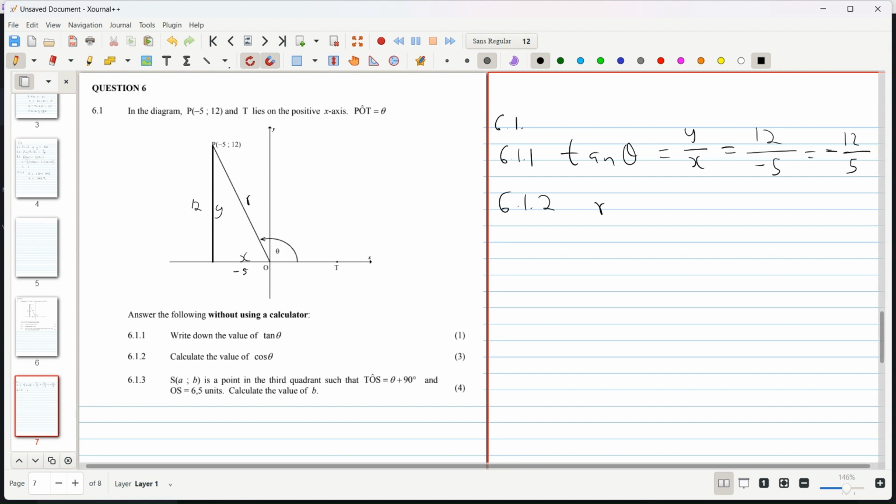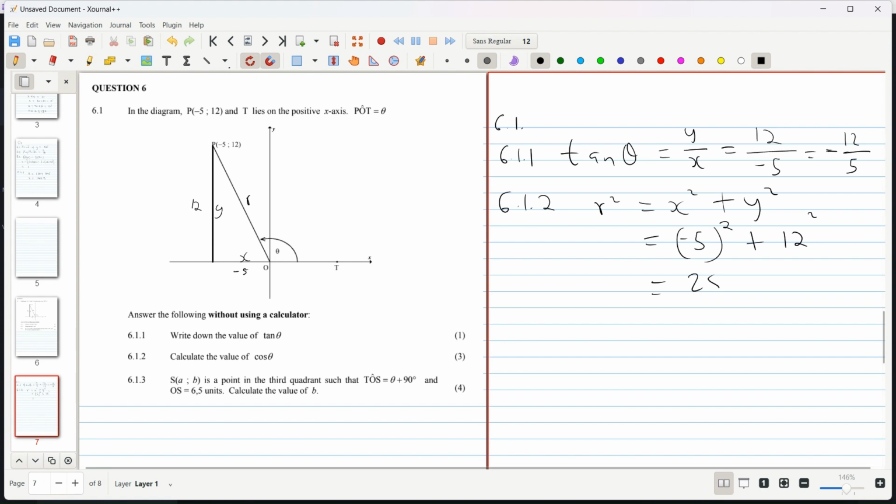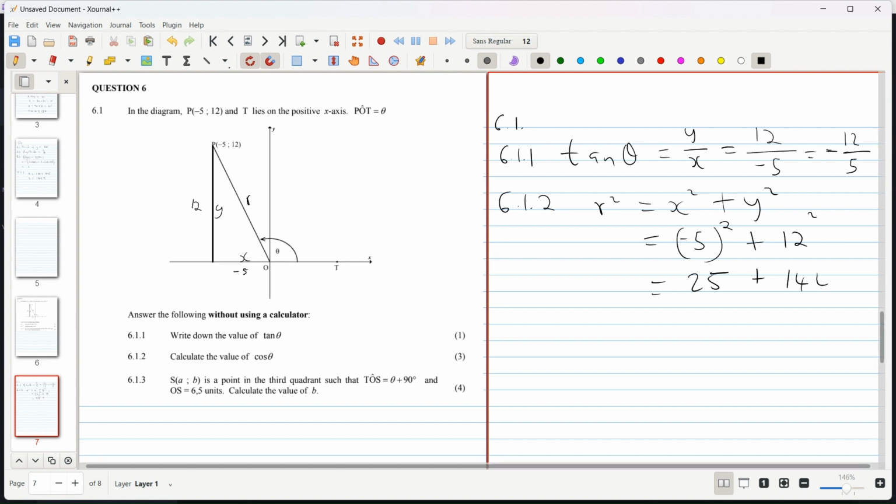So r squared equals x squared plus y squared, which is (-5) squared plus 12 squared. 5 squared is 25 and 12 squared is 144.